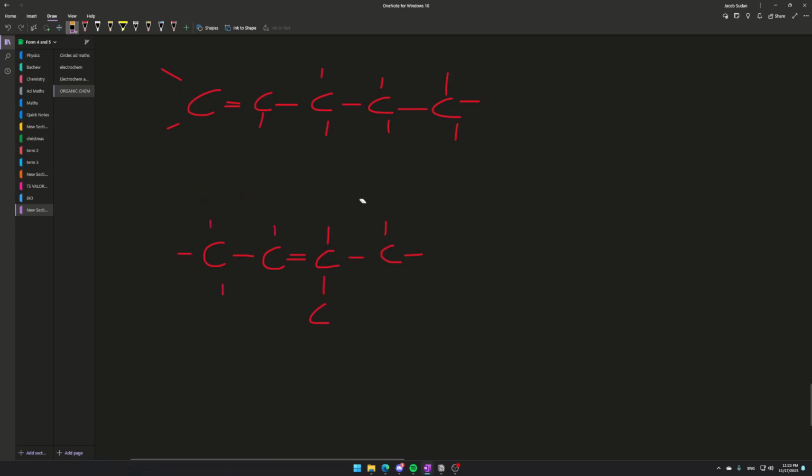Let's count the number of hydrogens that would be present. 1, 2, 3, 4, 5, 6, 7, 8, 9, 10. C5H10. And what about on it? This is pent-1-ene. And on here is 1, 2, 3, 4, 5, 6, 7, 8, 9, 10.